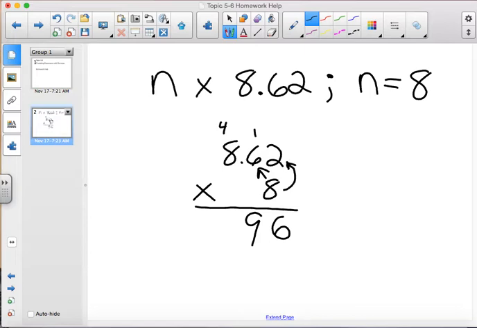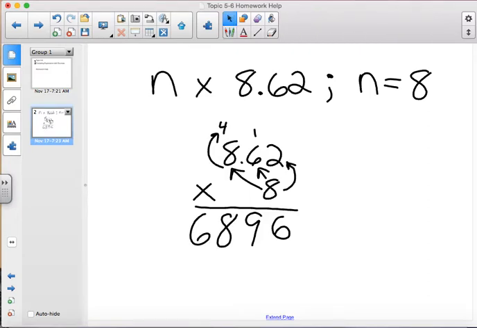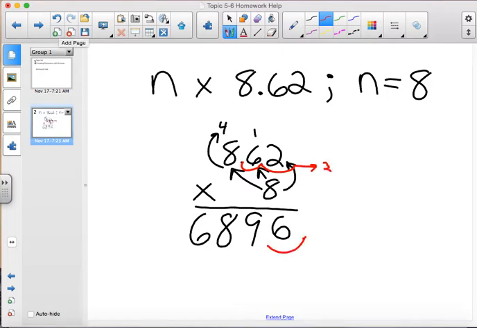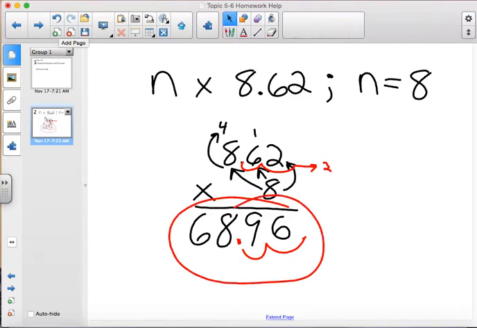Regroup the 4, and 8 times 8 is 64, plus the 4 gives us 68. Now remember, our decimal point has to come in 2 places, so our answer is 68 and 96 hundredths.